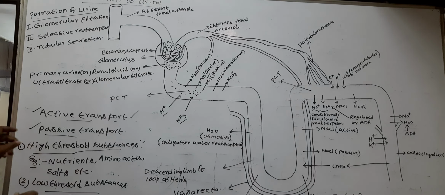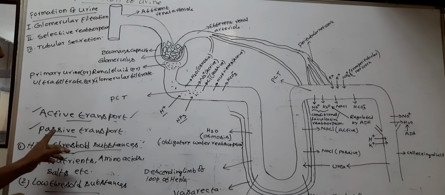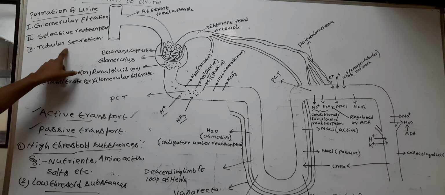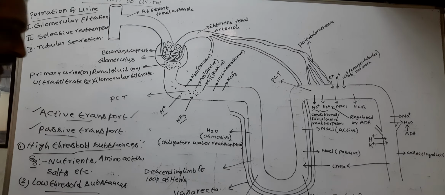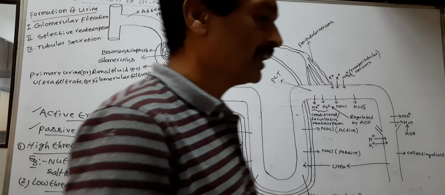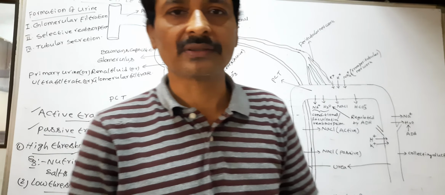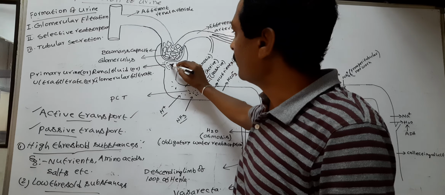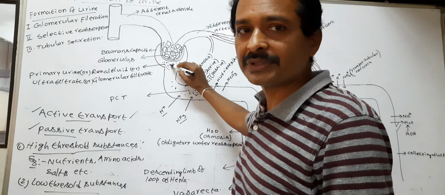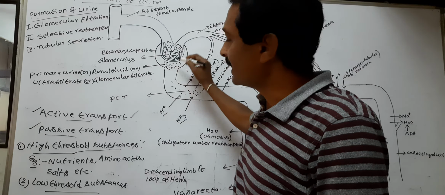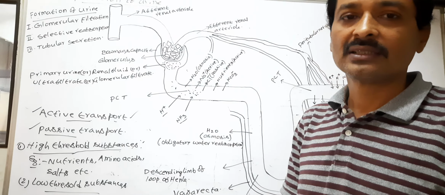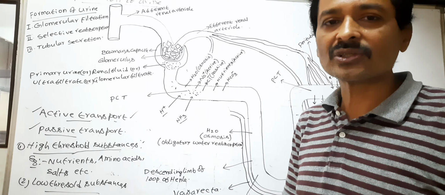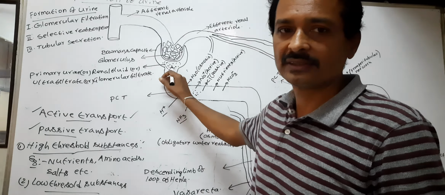Now we discuss the selective reabsorption and tubular secretion in different parts of the nephron. A large amount of urine is formed in the lumen of the Bowman's capsule. It contains essential substances like nutrients, water, salts, etc., and also nitrogenous waste.